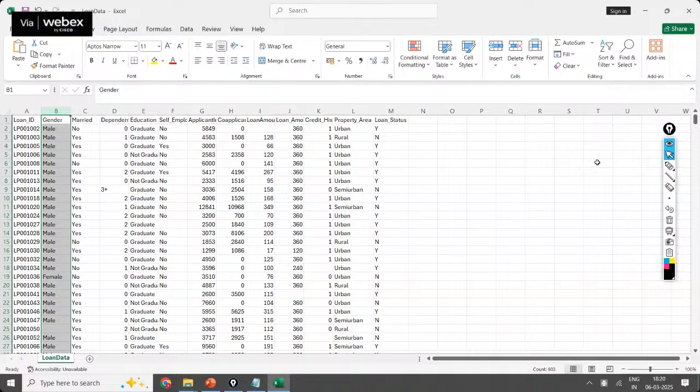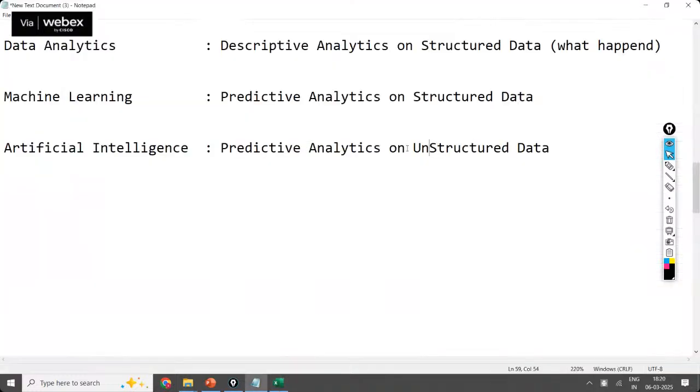Whatever we have on LinkedIn or Facebook, chats, everything. These are all called unstructured text data, right? If you apply predictive analytics on unstructured data, then it is called AI. The best example is ChatGPT.